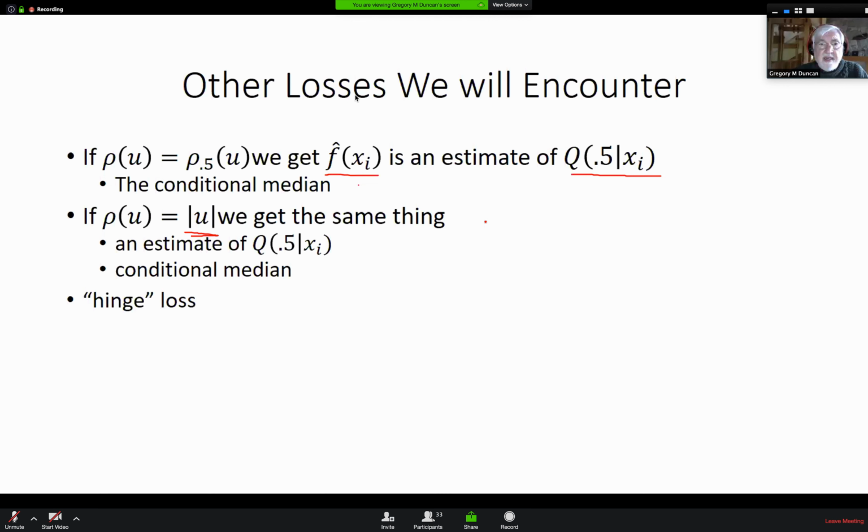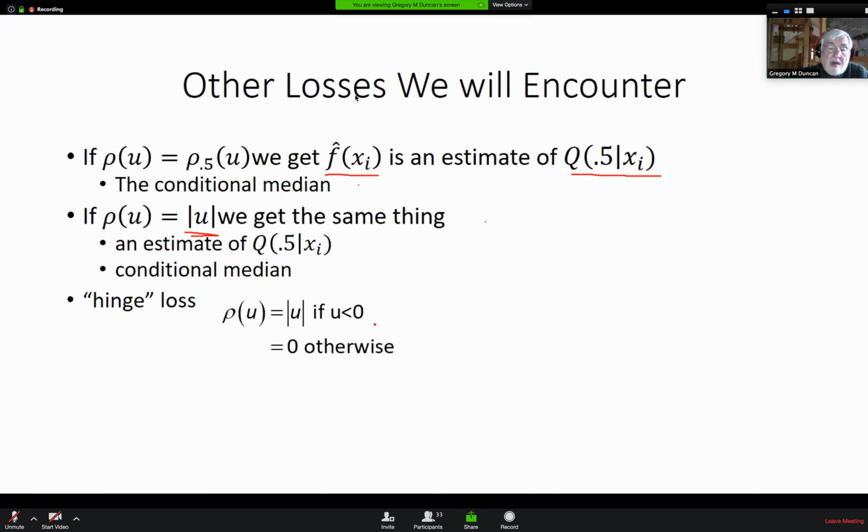Here's another one that we will use later on in the course when we do support vector machines, and we'll talk about these over and over. Rho of u is the absolute value of u, just like this, but only if u is less than 0.